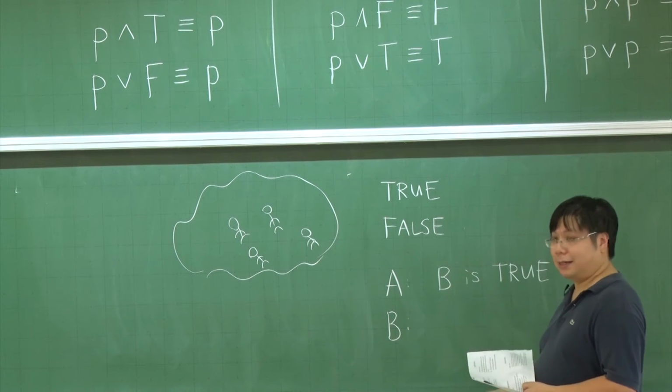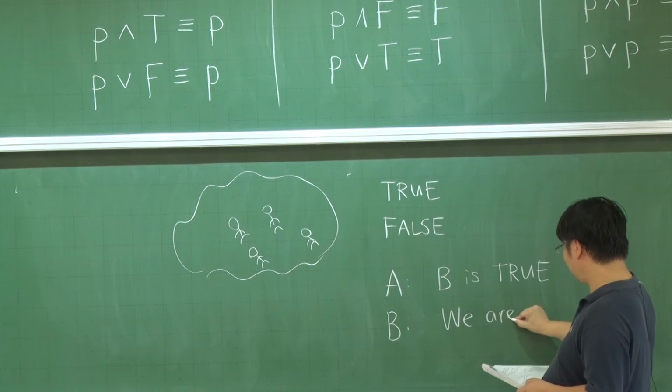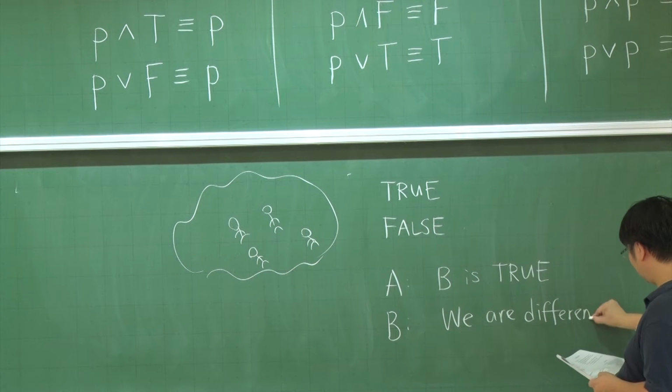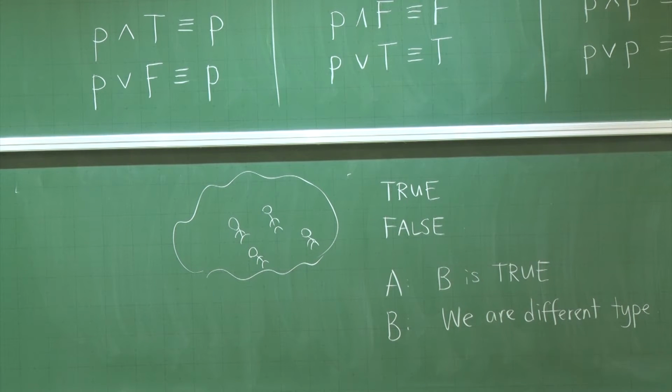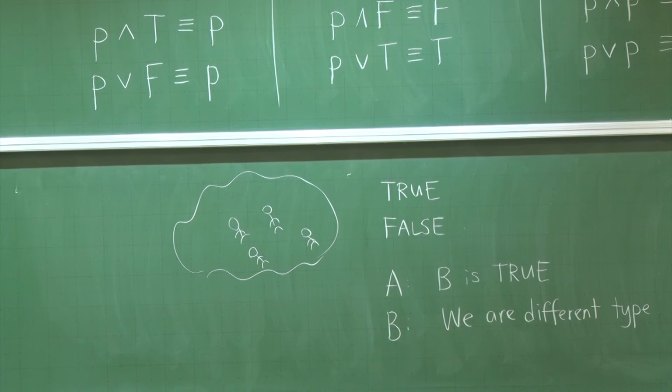And then B says we are opposite, we are of different types. Then can we make some conclusion about the type of people that A and B are?